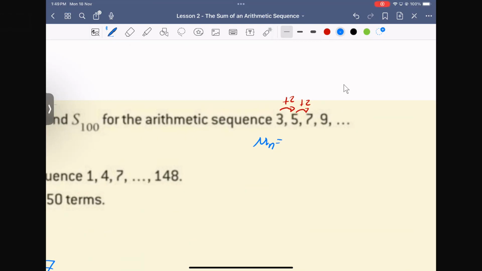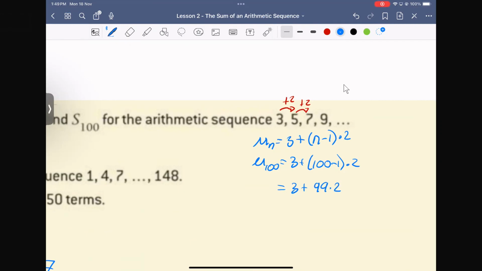What's the first term in the sequence? 3. 3 plus 100 minus 1 times 2. N minus 1 times 2. So to find the 100th term, 3 plus 100 minus 1 times 2. That's 3 plus 99 times 2.